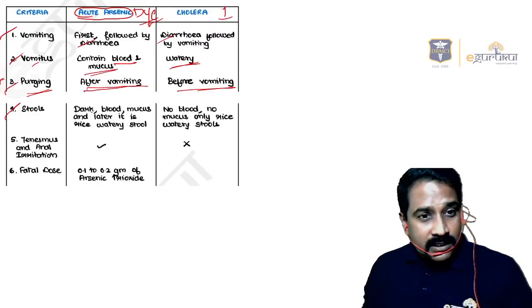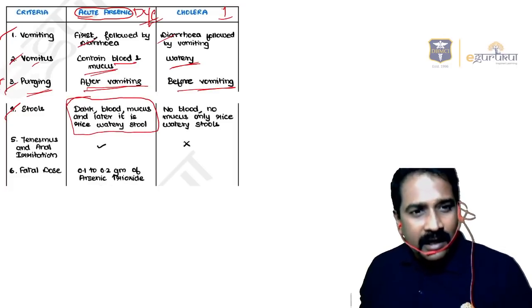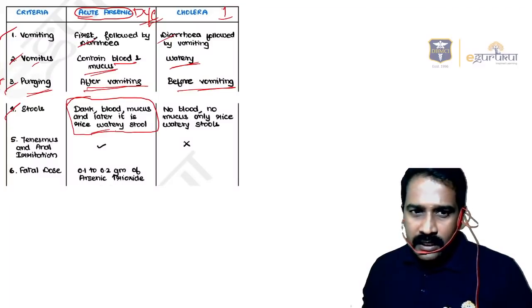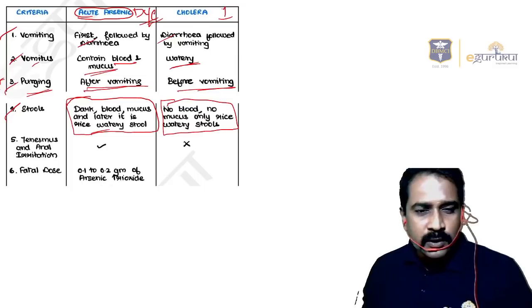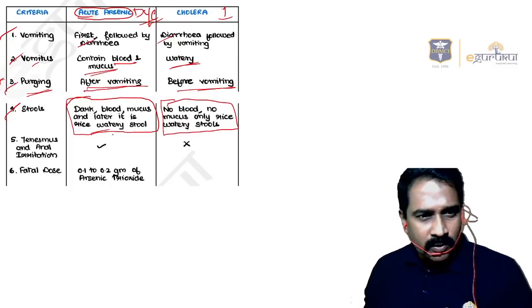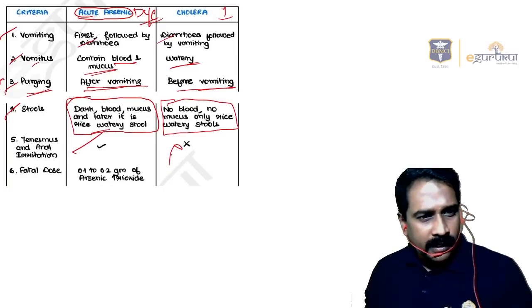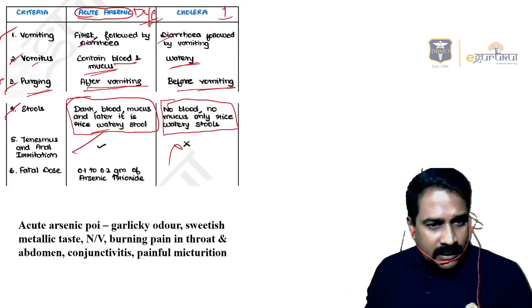Stools are important. In arsenic, stools are dark, containing blood and mucus; initially it's a dark bloody stool with mucus, and later it becomes rice watery. Whereas in cholera, no blood, no mucus, only rice water stools. That's important. Tenesmus and nasal irritation are seen in arsenic, not seen in cholera. The next point here is in acute arsenic poisoning.